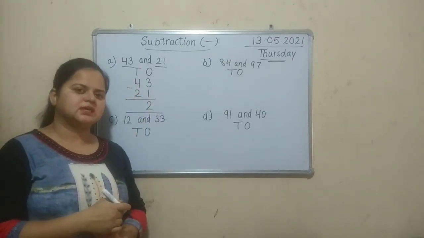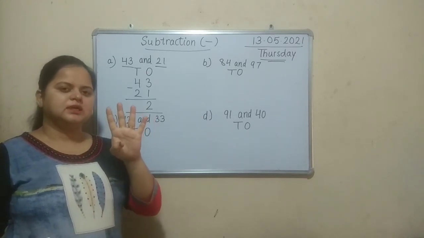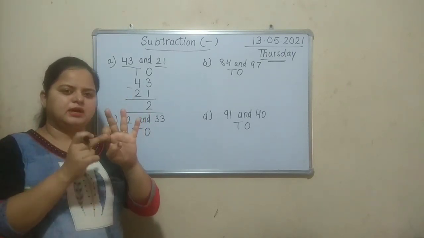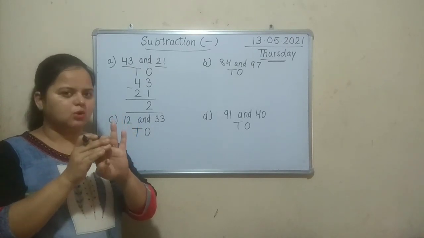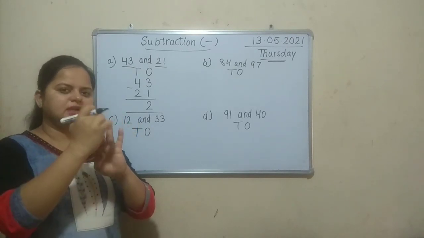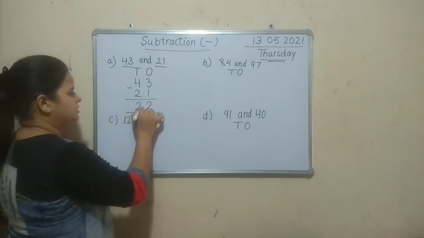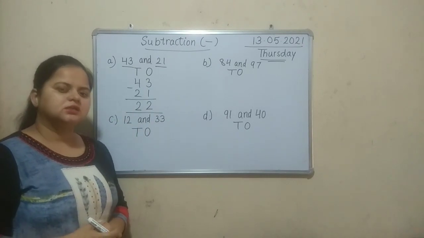How many do we have to close from 4? 2. So open 4 fingers and close 2 of them. 1, 2. How many are left here? 2. So 43 minus 21, the answer is 22.